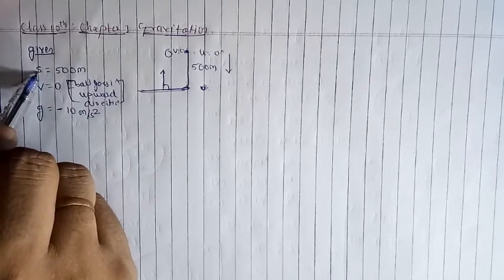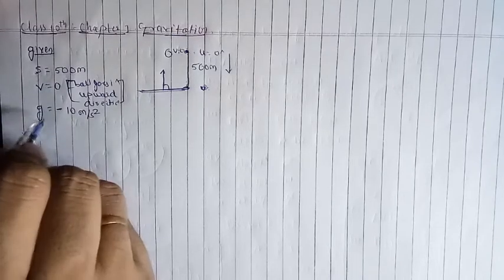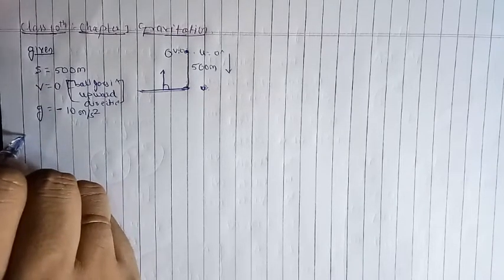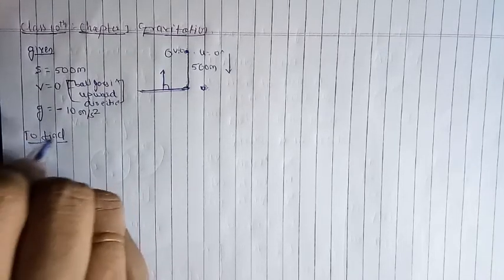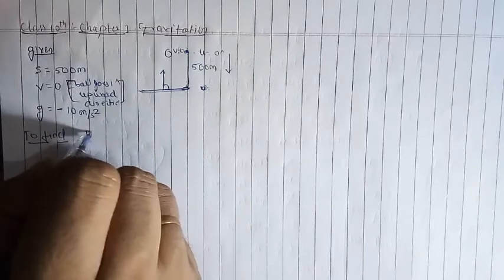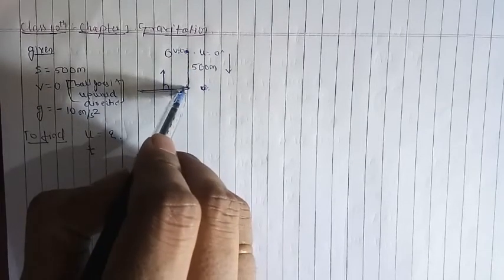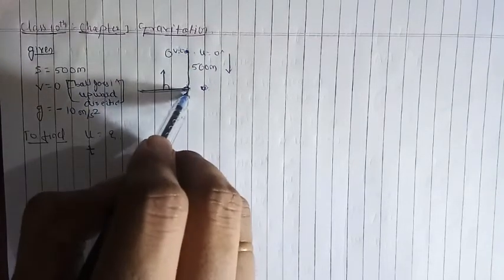The distance relation. So we have to write, to find: we have to find the initial velocity, that is u, and the total time taken, that is t, to reach the ball on the ground.